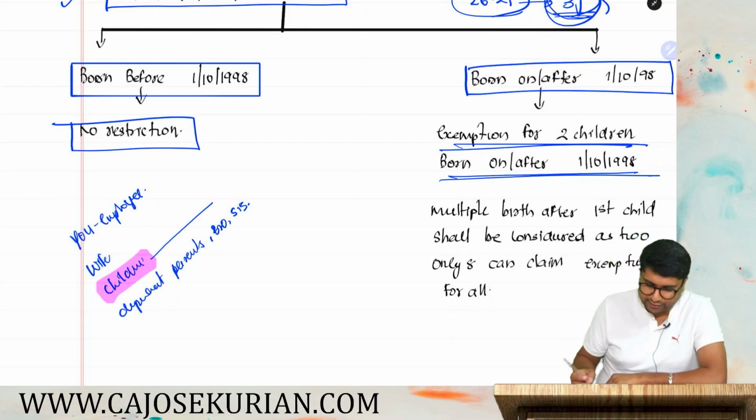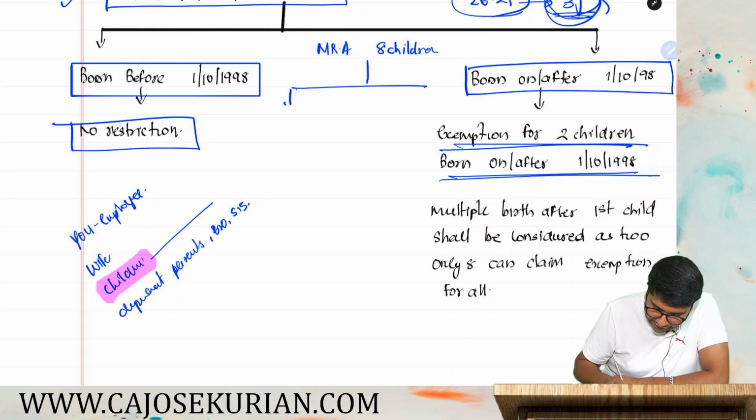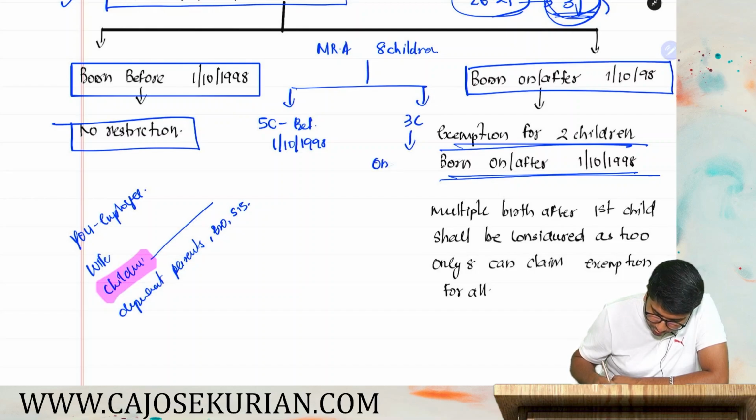That simply means, say for example, you are Mr. A and you have 8 children. Out of these 8, 5 children were born before 1st October 1998 and 3 children were born on or after 1st October 1998.